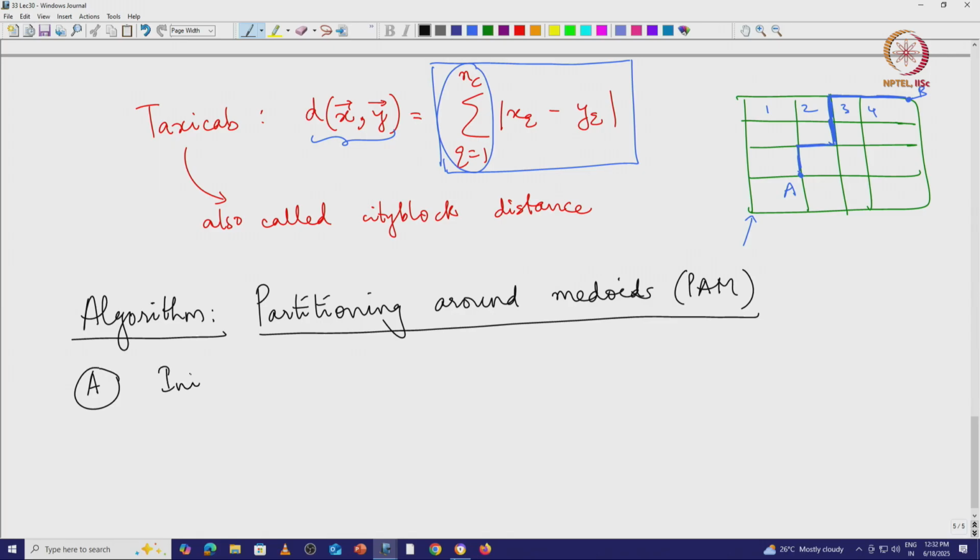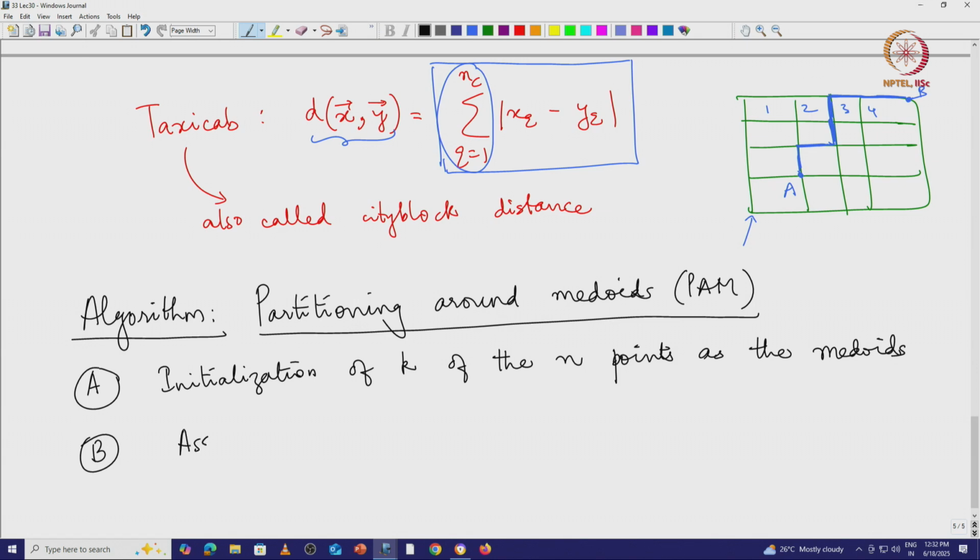First you initialize K of the n points as the medoids. You randomly choose any K of the n points as the medoids, then you assign each data point to the nearest medoid, and since there are only K medoids, you will have K clusters.